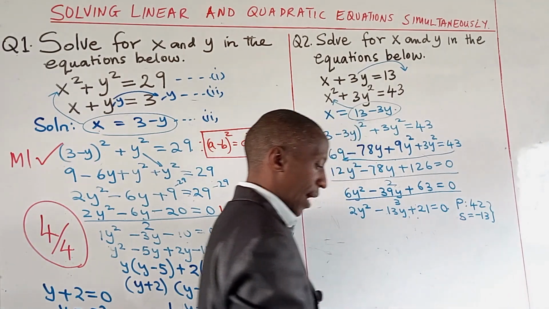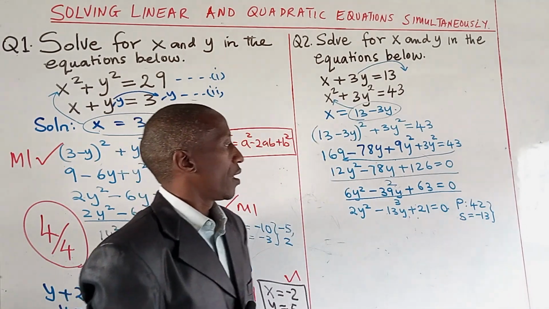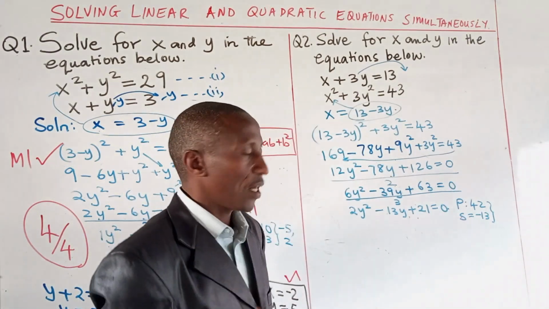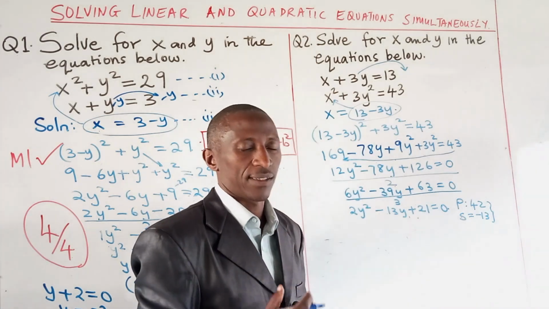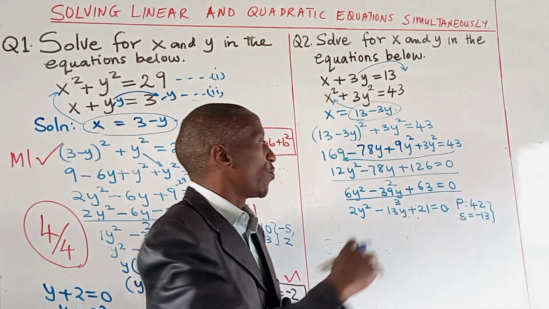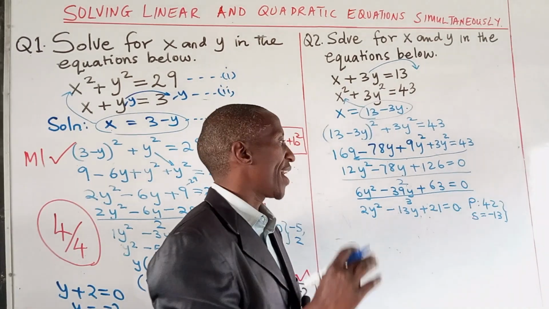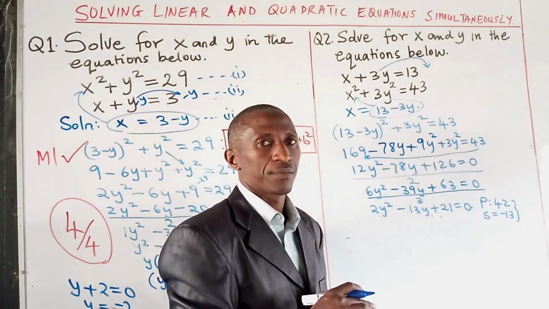So viewers, take 2-3 minutes. Let us think about which are these two numbers. Which when you multiply, you get 42. When you add, you get negative 13.